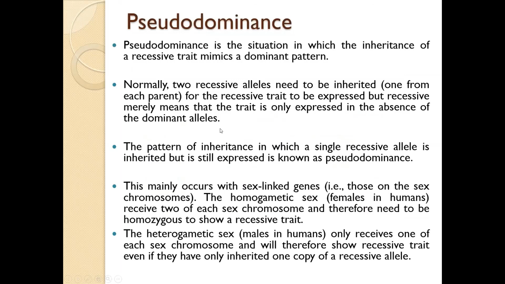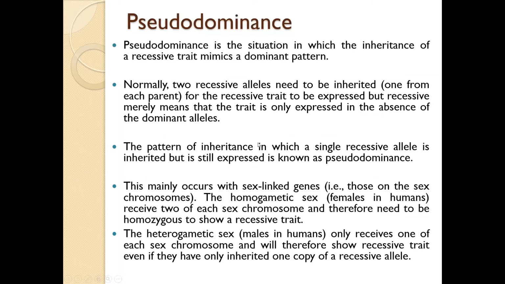Now we come to the next factor, that is pseudo-dominance. Pseudo-dominance is a situation in which the inheritance of a recessive trait mimics a dominant pattern. Normally, two recessive alleles need to be inherited, one from each parent, for the recessive trait to be expressed, but recessive merely means that the trait is only expressed in the absence of the dominant allele.